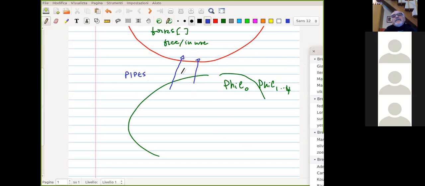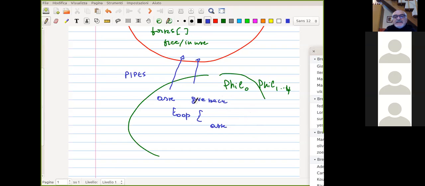So there are 5 couples of pipes. One is for asking, and one is for giving back. So the philosopher is a simple loop that asks.